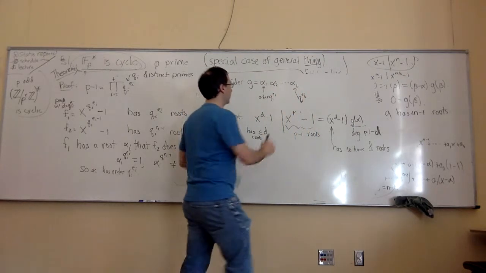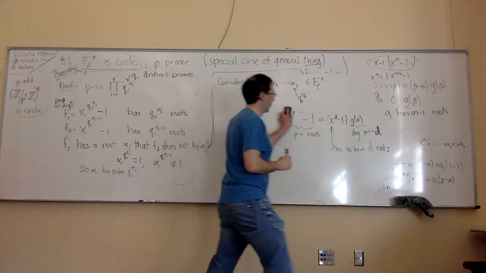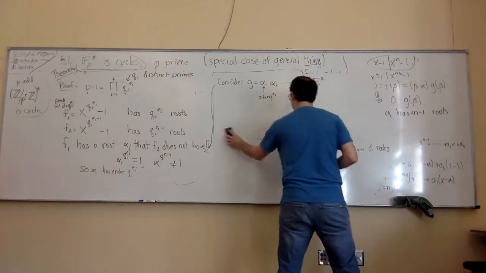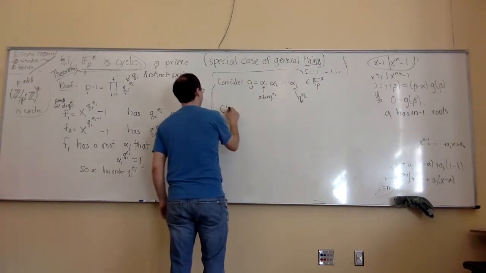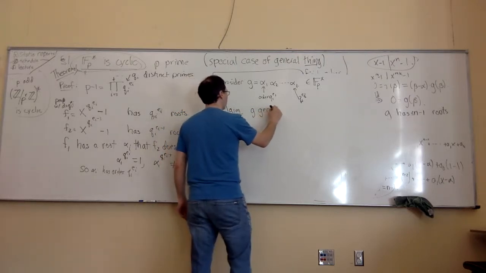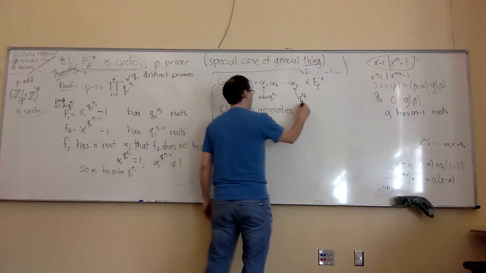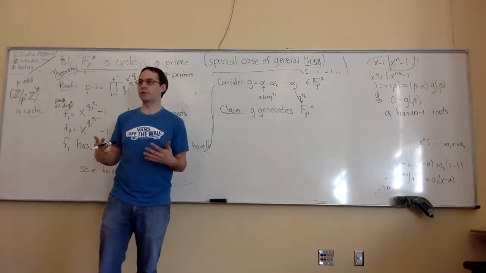Consider that element g in F_p star. Claim: g generates F_p star. Okay, does that seem plausible?